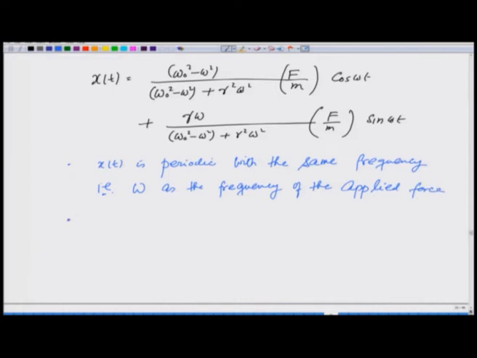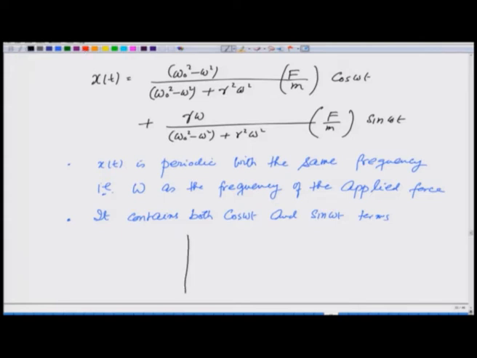However, it contains both cosine omega t and sine omega t terms. So, it cannot be right on top of f. Let me explain what that means.